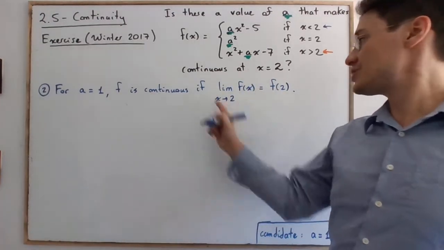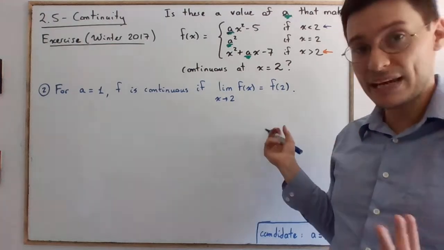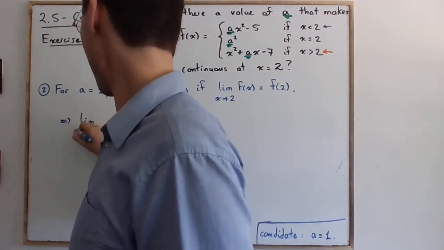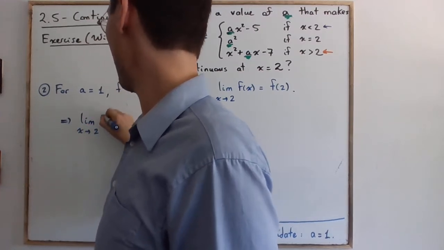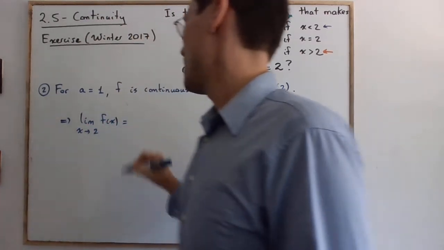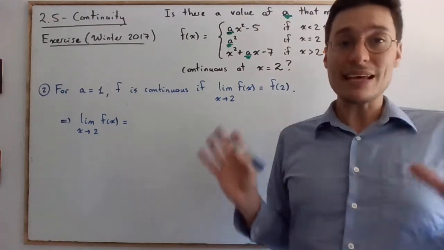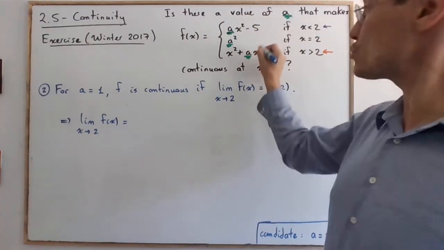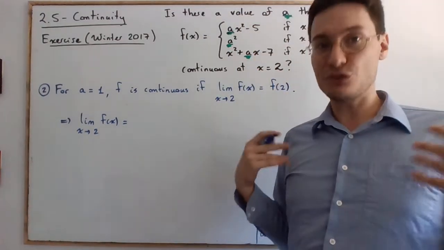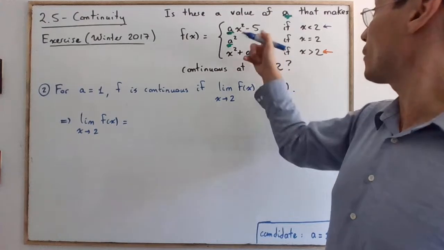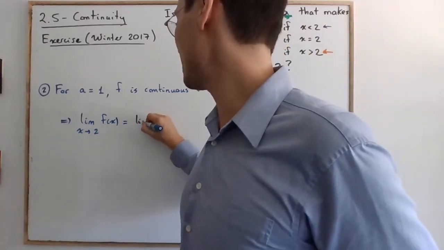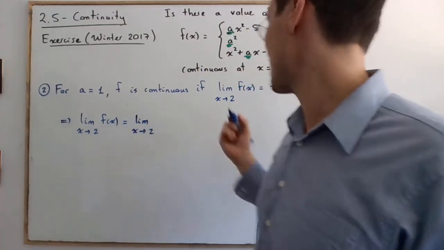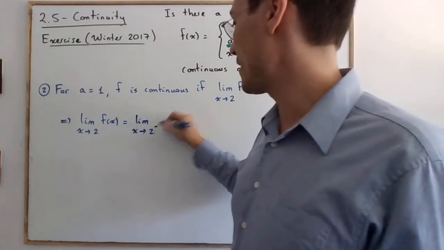So what you need to do is just to find the limit, look at what it is. So the limit as x is approaching 2 of f of x. Now, we know that the limit exists for this value of a, okay? So this allows you to choose one of the two sides and take it to find the actual limit. I will choose the side from below, but it's really just convenience.